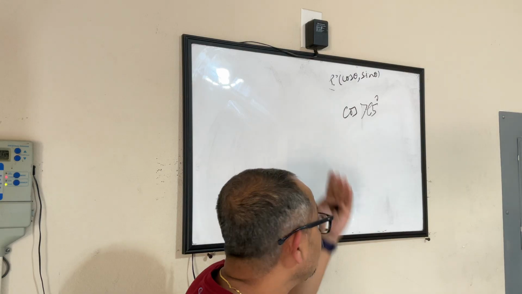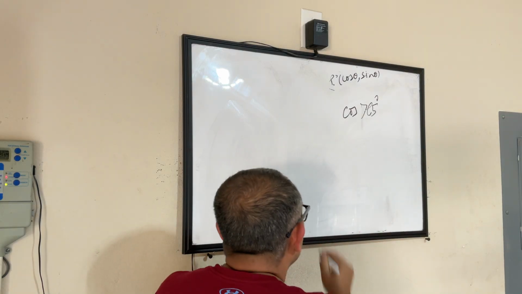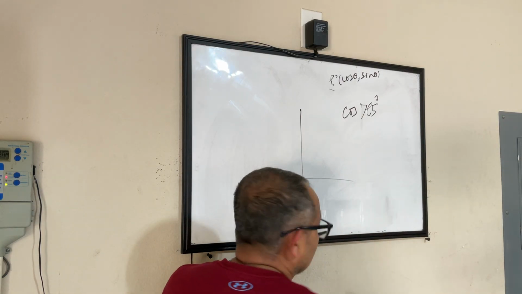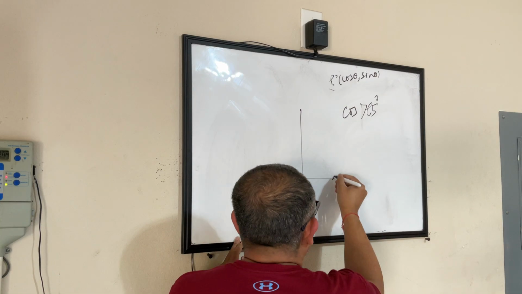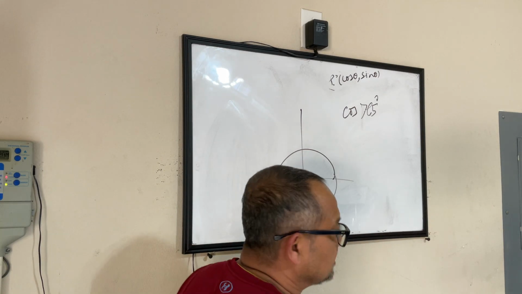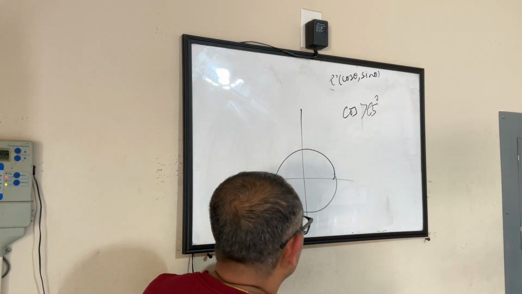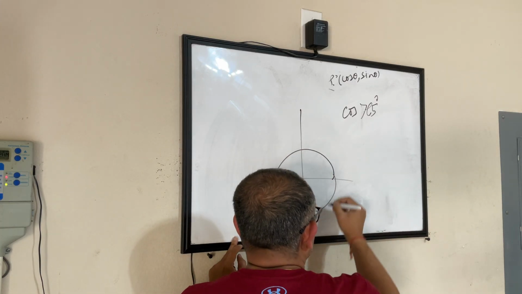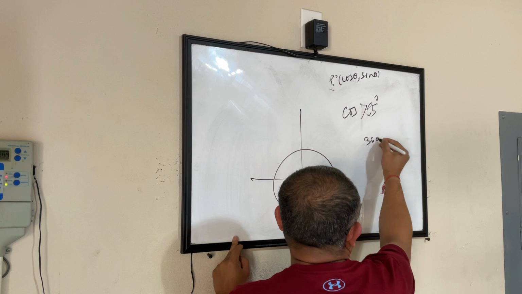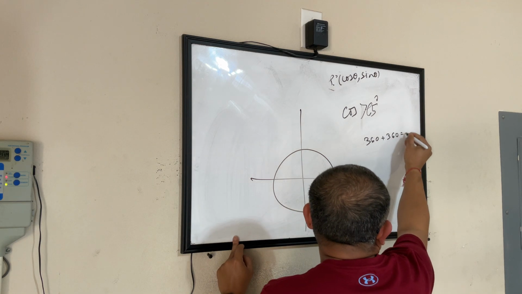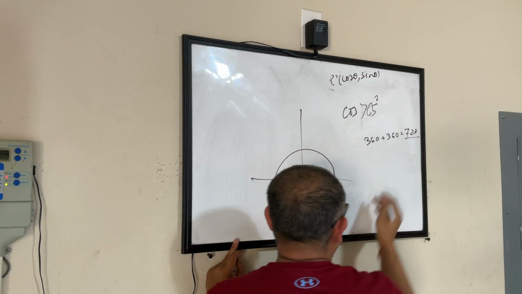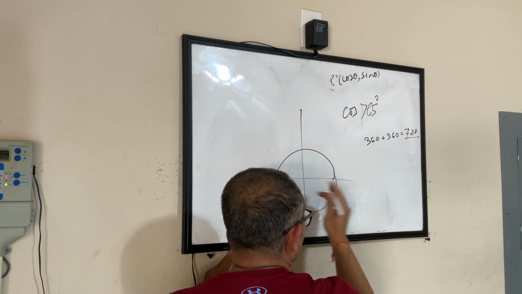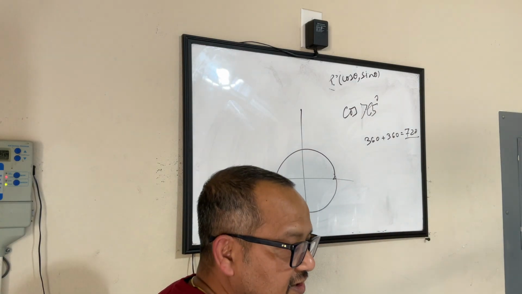We have never drawn an angle like that, but unit circle tells you that okay, don't worry. 765, how many? See, one complete circle is 360. 765 means you have to make two complete circles. That will get you 360 plus 360, which is 720. So if you have to find out the value of 720, you are just making two complete circles and coming to this point. That's it.